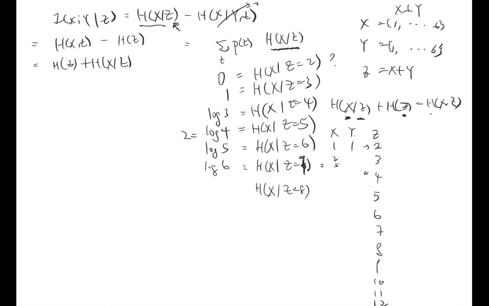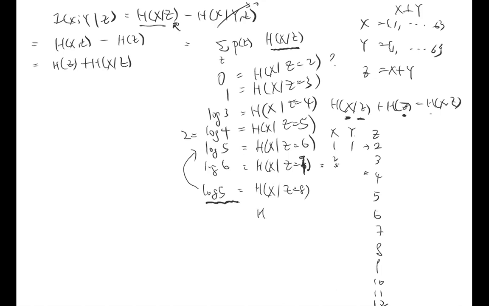And again, it will be uniform. I only have 5 cases. Then I'm going back to this case again. I only have log 5 of them, right? So it's actually the same case as z equal to 6. Actually, z equal to 8 and z equal to 6 is the same case. Here, you can only take values 1, 2, 3, 4, 5. And here you can only take values 2, 3, 4, 5, 6. So again, in both of these two cases, you can only take 5 different values.